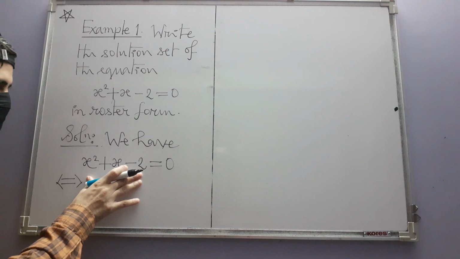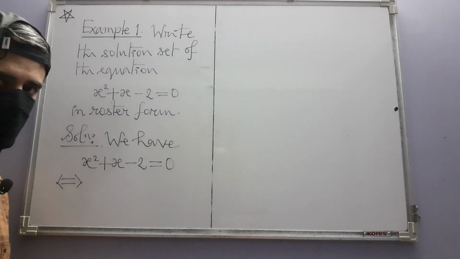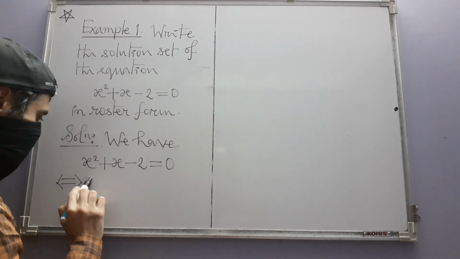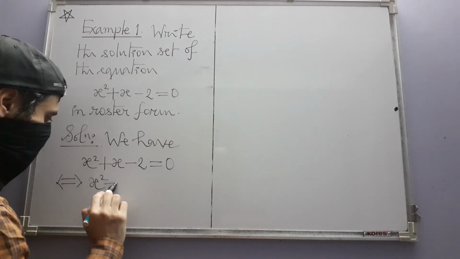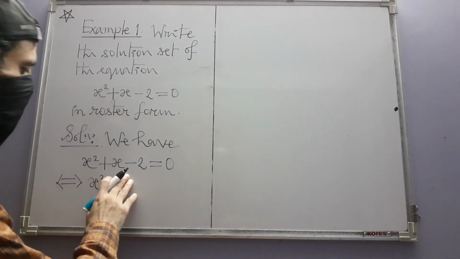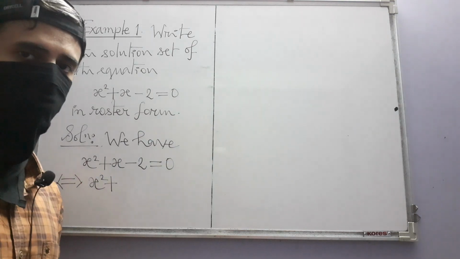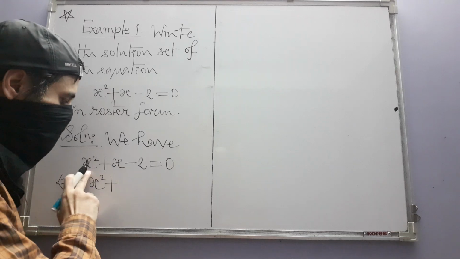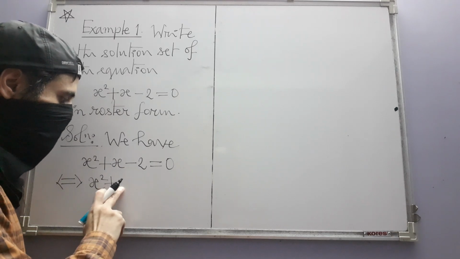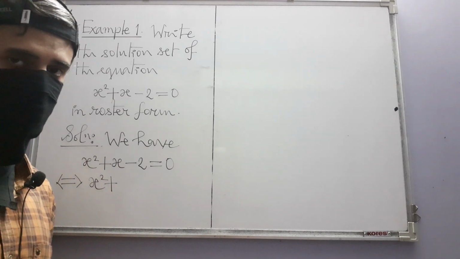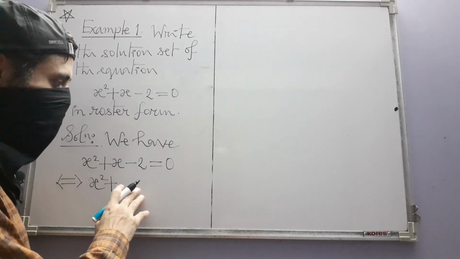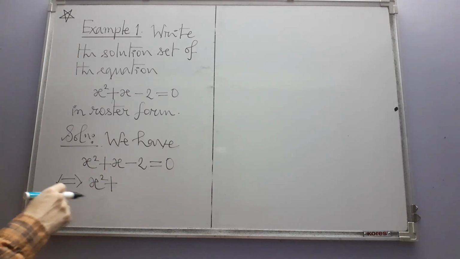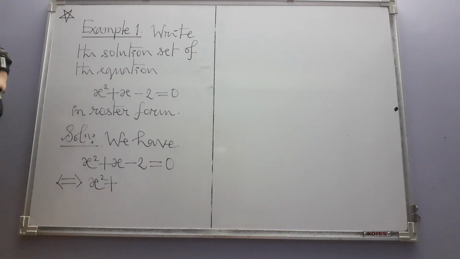It's a quadratic polynomial, and let's see if it can be factorized easily. But if you want, you can of course also use the quadratic formula directly. If you cannot figure out any easily doable factorization, then it's better to use the quadratic formula. Here, however, I can see that there is a very easy factorization.